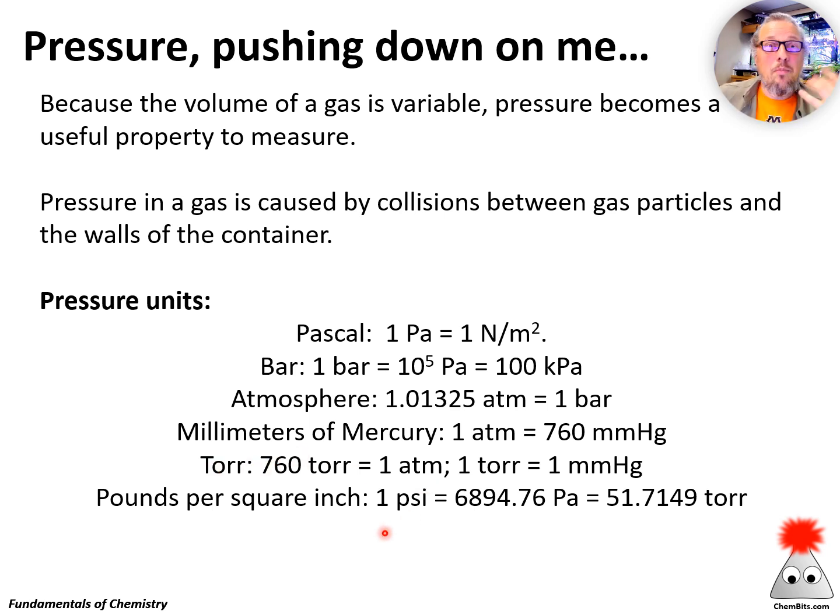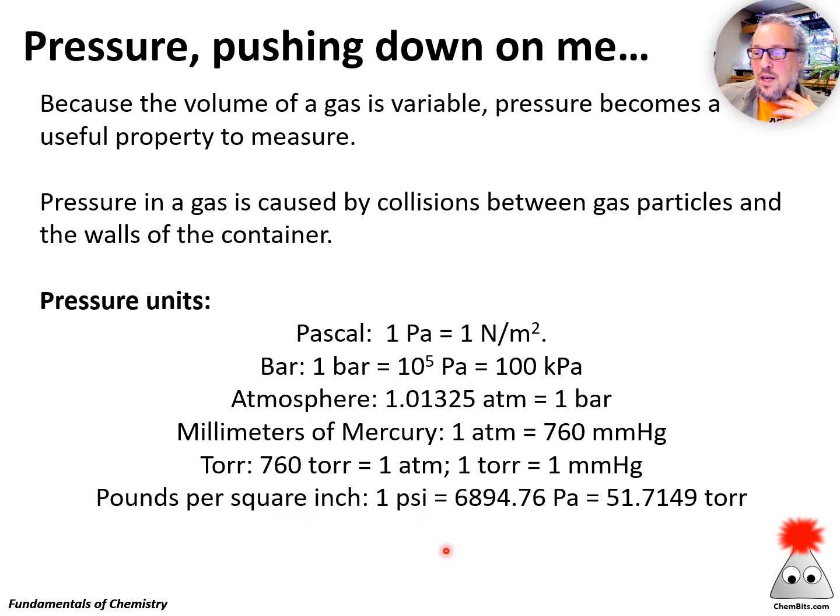And then the one that we're maybe most used to using in normal everyday life is pounds per square inch. We use that for lots of inflation measurements, whether it's tires or basketballs or any of those kinds of things. Pounds per square inch, again, just like a Newton per square meter: pounds, a force unit, per square inch, an area unit.